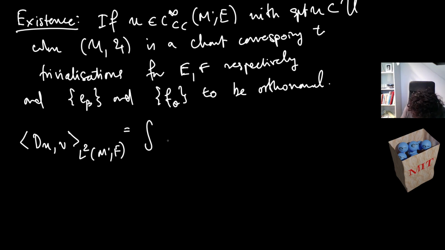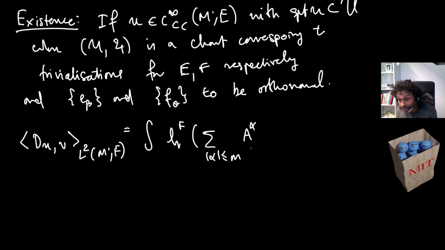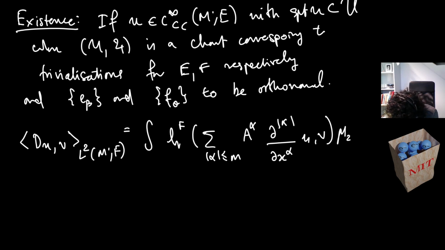This is going to be H_F of the sum over α less than or equal to M of A_α. So remember, in this A_α, I'm hiding the frames here, right? So everything is orthonormal here. dx^α u v. And now I have the density coming out here, and then the Lebesgue measure, or the pullback Lebesgue measure, I should say.